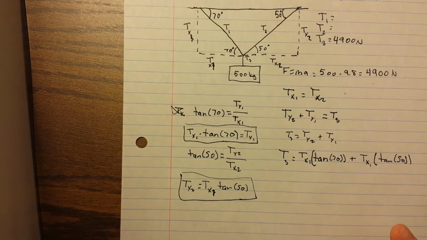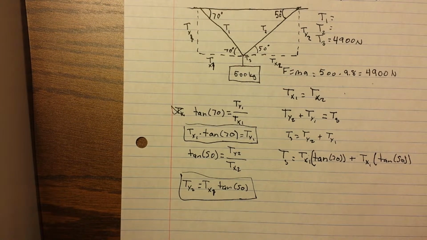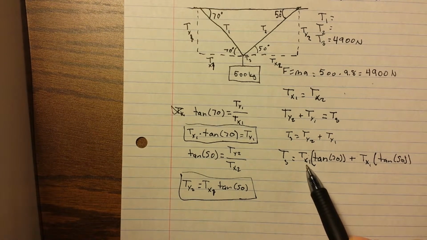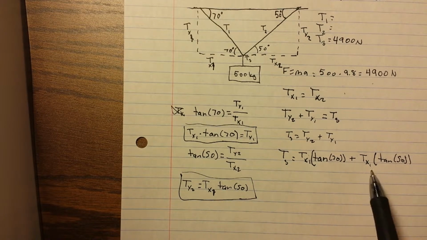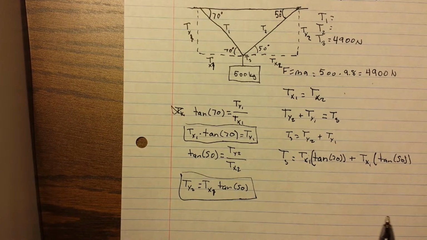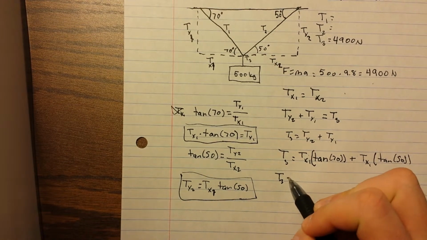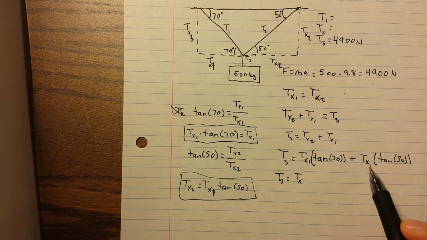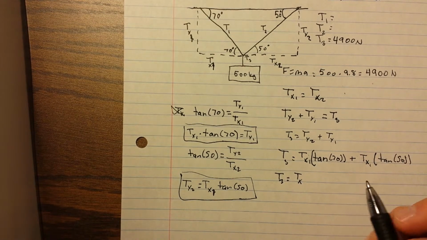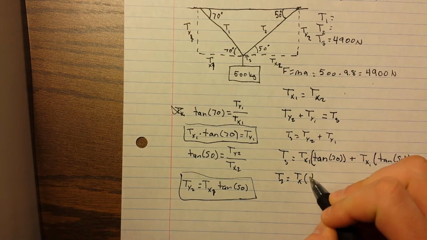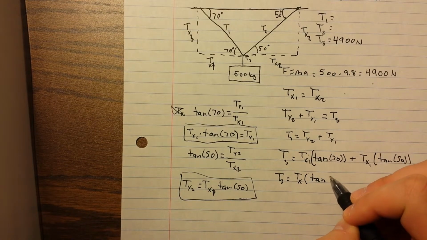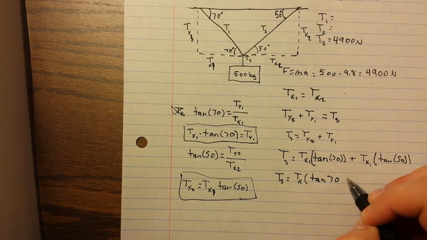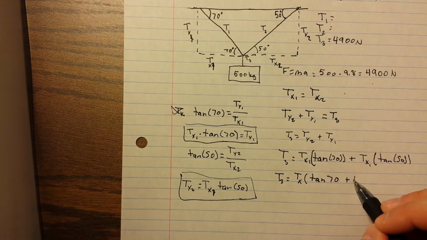Okay, now this is pretty crucial part. If you notice, you have two TX1s here. So you can kind of combine and factor these together. T3 equals TX1 times tangent 70 plus TX1 times tangent 50, which is the same as saying TX1 times the quantity tangent 70 plus tangent 50.